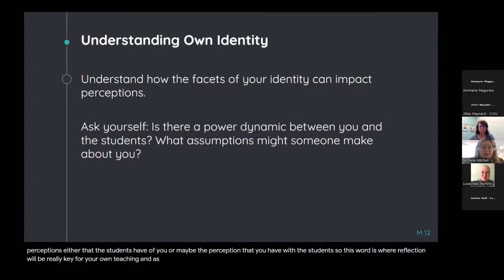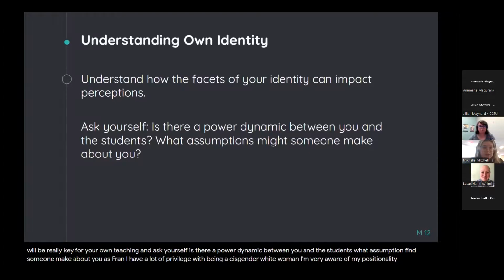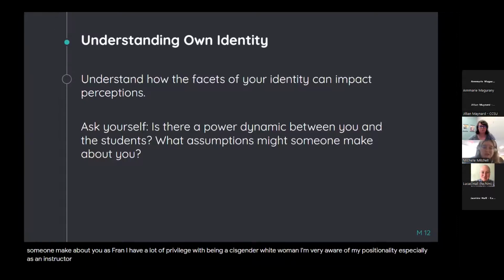Ask yourself, is there a power dynamic between you and the students? What assumptions might someone make about you? As Breanne mentioned at the start of the presentation, I have a lot of privilege as a cisgender white woman. I'm very aware of my positionality, especially as an instructor. So you just want to take that into consideration when you're going into your classroom as well.